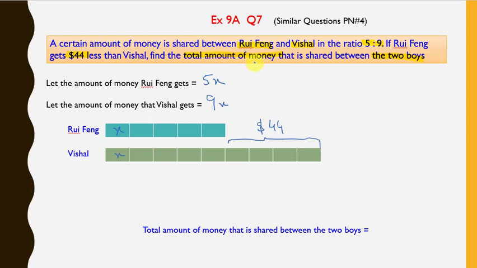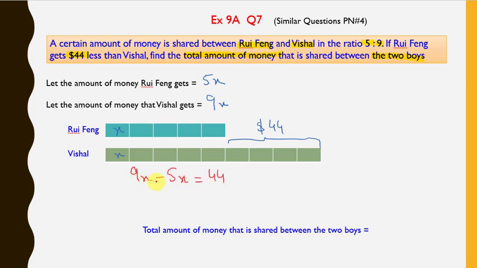We will have to find the total amount of money, but before doing that, we will see the difference between the amount that Vishal gets and the amount that Rufeng gets. So we take the difference of the two values, that is 9x subtract 5x, and that is equal to 44.